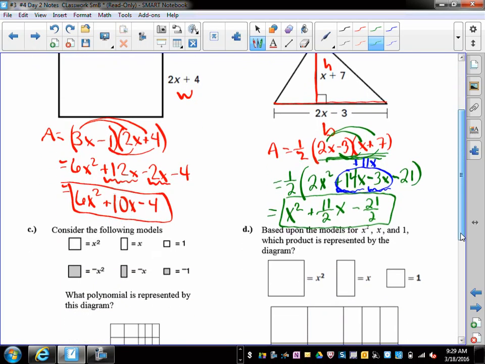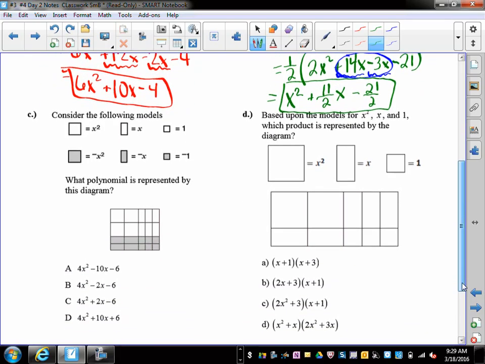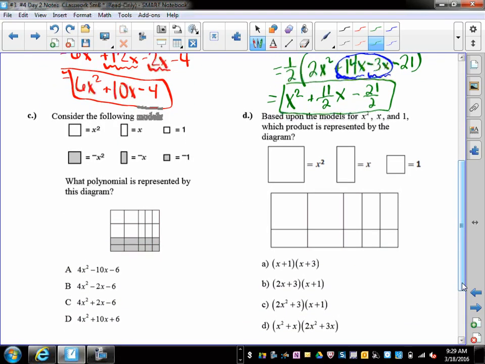Alright, now our final 2. Oh, look, they're multiple choice ones. Alright, letter C. They tell us that a white square means x squared, and a gray square means a negative x squared. So we have to figure out what this represents. Let's tally it up. How many white x squareds do we have? 4.